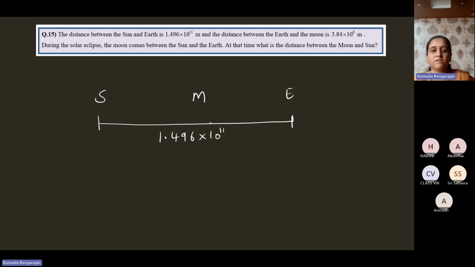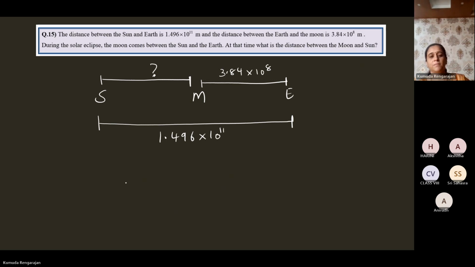And the distance between the Earth and Moon is 3.84 into 10 to the power 8 meters. Given this, you need to find the distance between the Moon and the Sun. It's all there in the question. This is what you have to find.